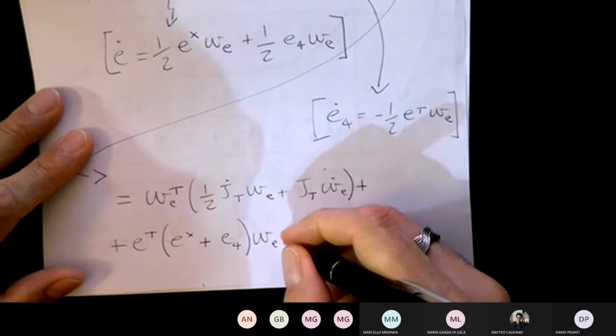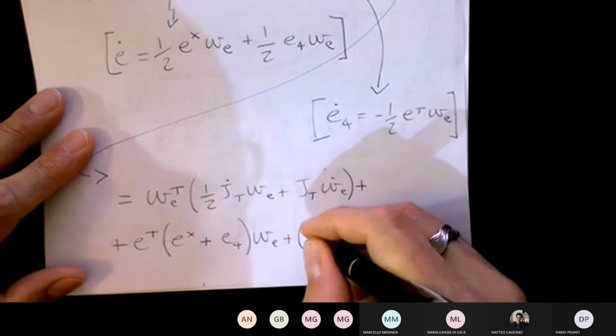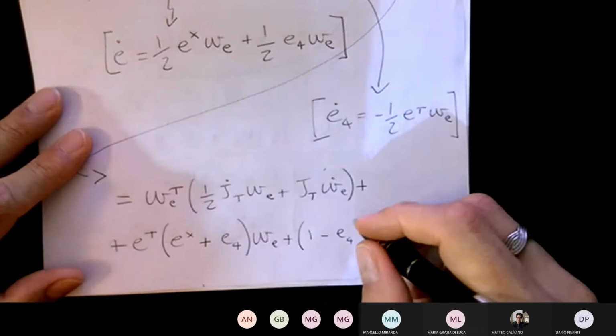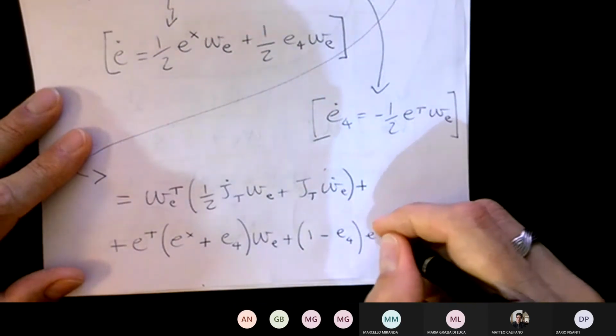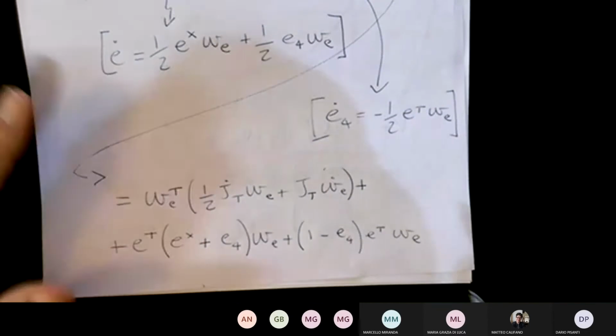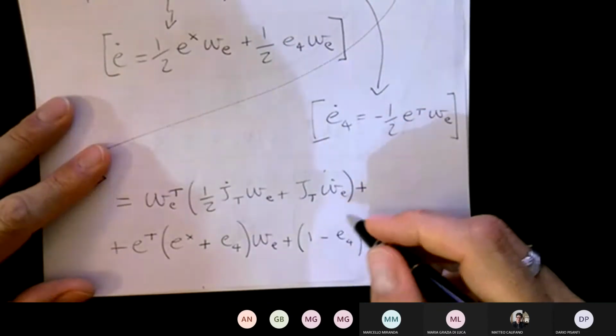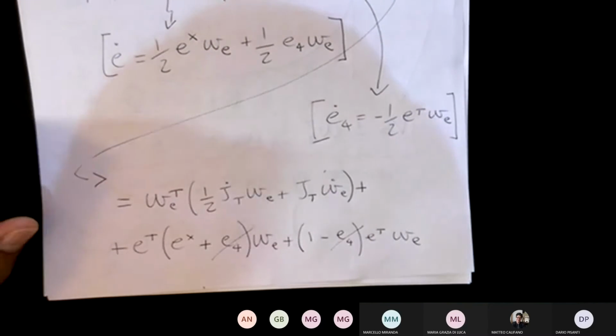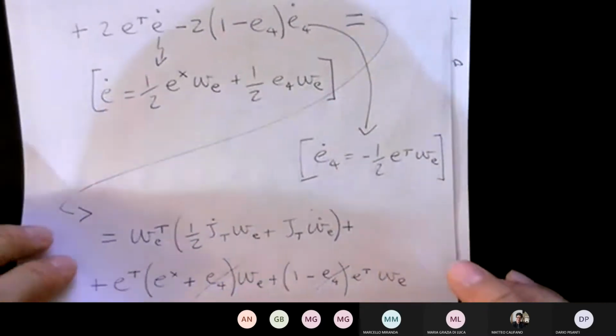And then the last term is 1 minus E4 multiplied by E transpose omega E. So there's this term that is simplified with this term, because they multiply the same quantities, except there is a minus.